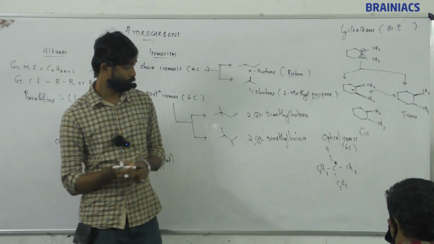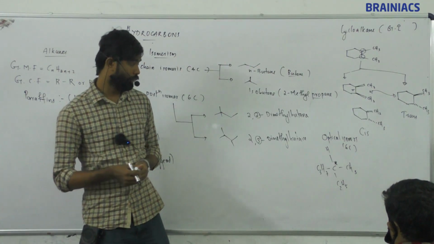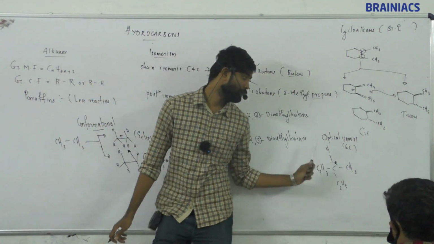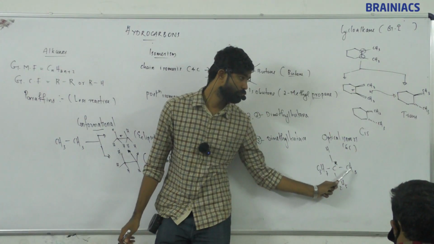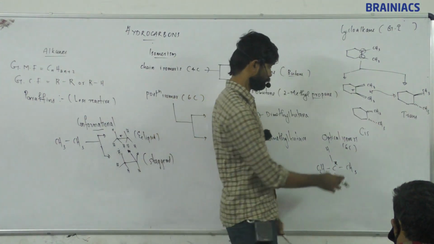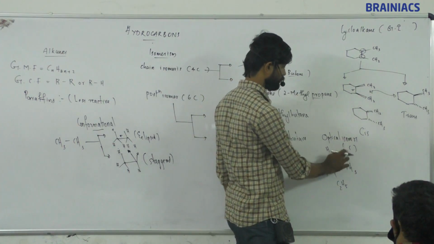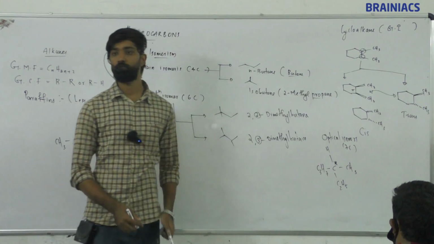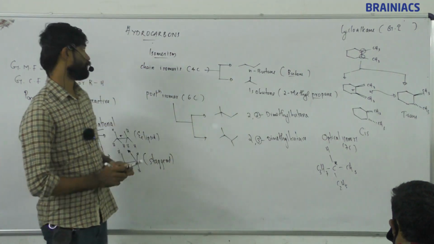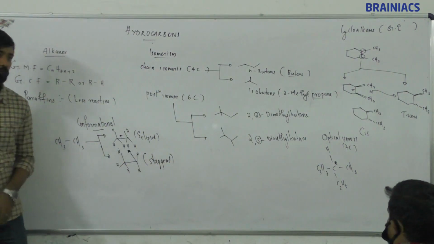How many carbons? For an alkene to show optical isomerism, it minimally requires 1, 2, 3, 4, 5, 6, 7. Minimum 7 carbons. So alkene can show almost all isomerism.